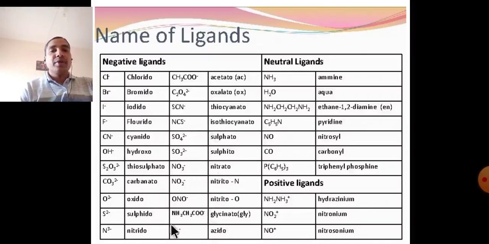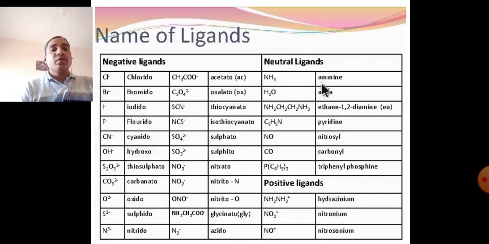A ligand is called an ambidentate ligand when it contains more than one donor atom that can bind to the same metal, for example where both O and N are donors. Positive ligands end with ium, such as hydrogenium, nitronium and nitrosonium.